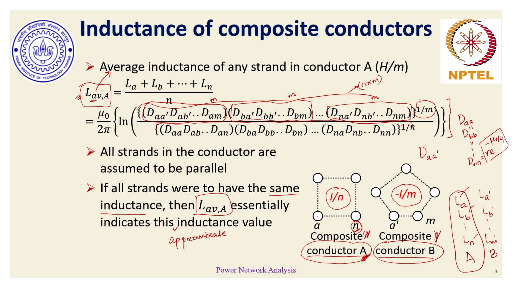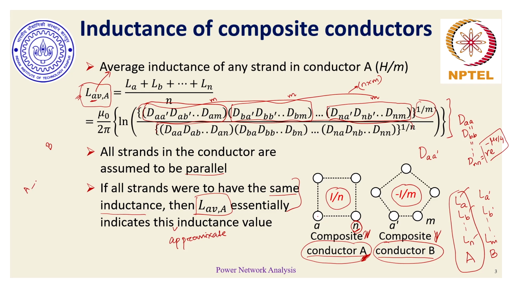So assuming that these strands are all parallel, their current distributions are the same, and if we have to make our evaluation a little simpler, then assuming this is true, that L_AV,A is the inductance value of each strand in composite conductor A. So essentially we would be left with a situation where, from a sending end to a receiving end, I have a transmission line moving from node A to node B, and I'm focusing on one conductor.